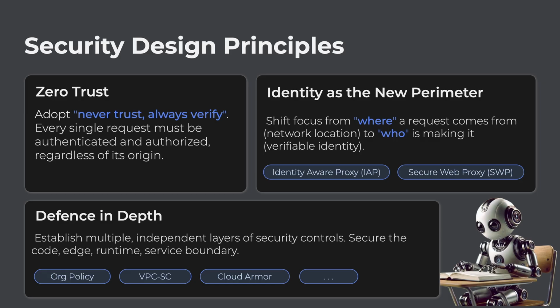This is one of your layers of security. Other security mechanisms that you have include organizational policy, similar to Gatekeeper policy, where you can prevent people from deploying insecure configurations, such as enforcing that all Cloud Run services have internal ingress, for example.